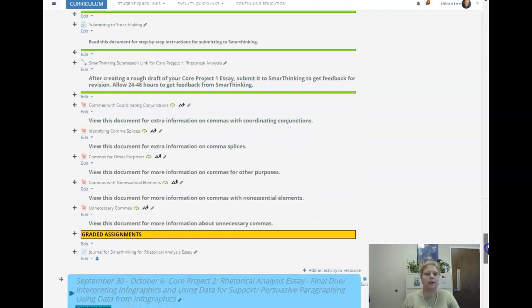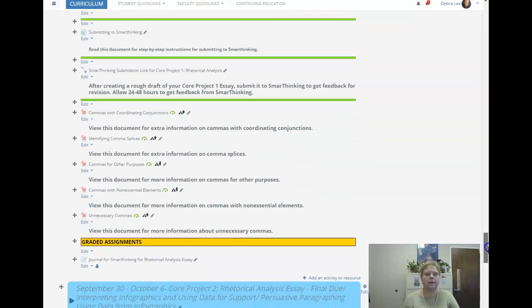I've got the instructions on here, submitting to Smart Thinking. If you pull that up, you'll see it is a step-by-step process showing you what to do to submit to Smart Thinking. It has screenshots of the process and everything. So that will be helpful to you.